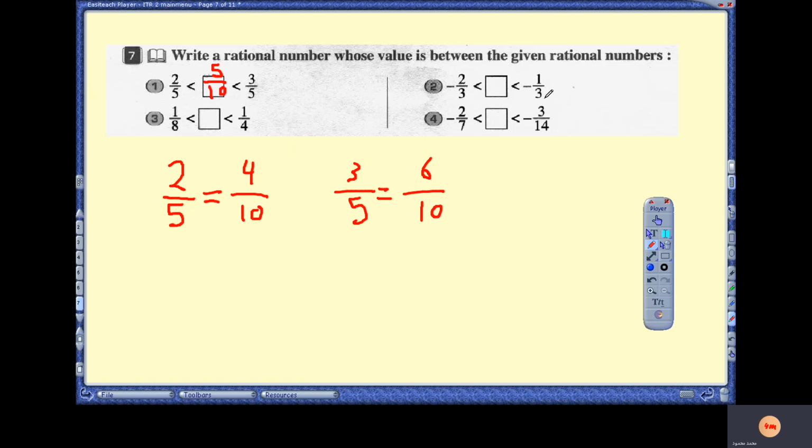Negative 2/3 and the negative third, you need also to multiply by 2.